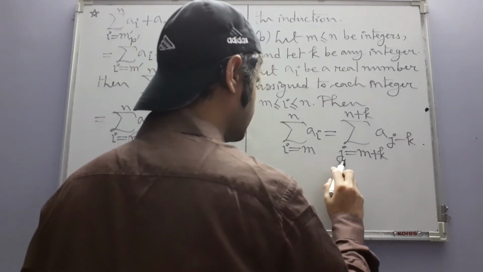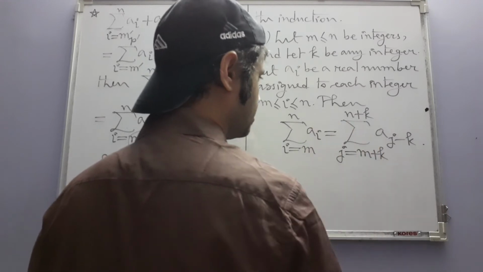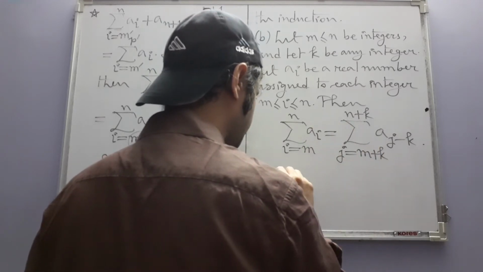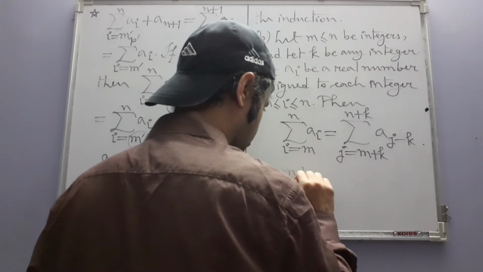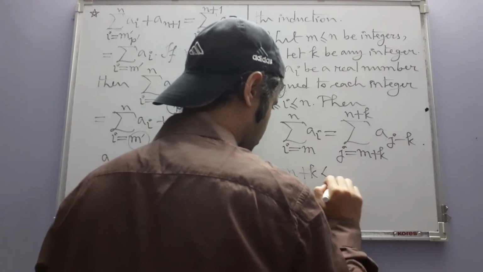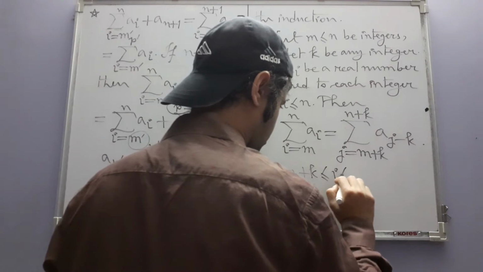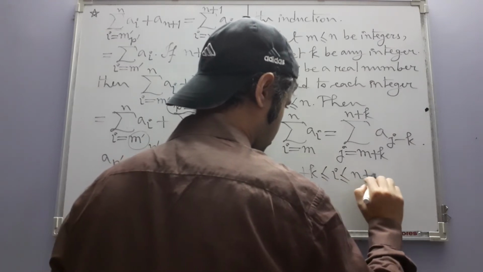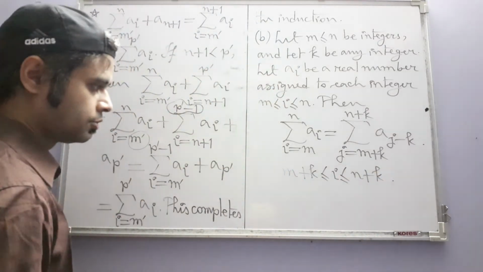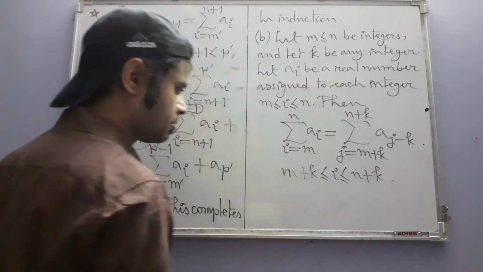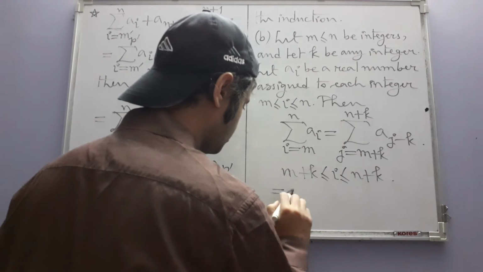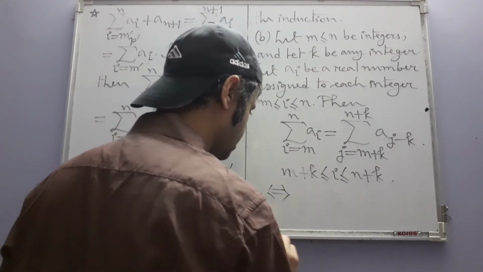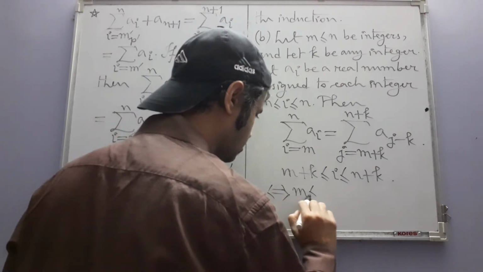You see here j lies between m plus k and n plus k. So that means, if you subtract k from all the terms, then you get these equivalent inequalities.